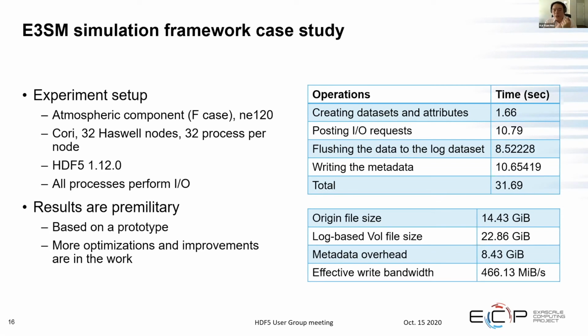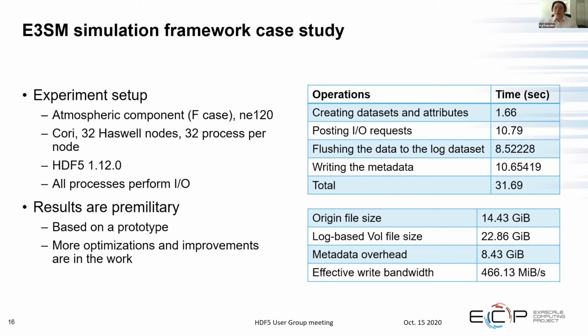We tested on Cori with 32 Haswell nodes and a total of 1024 processes, using the latest stable release of HDF5. We have all processes performing I/O, because in E3SM it's configurable to have some processes perform I/O and some do not. So in this configuration, all performed I/O.